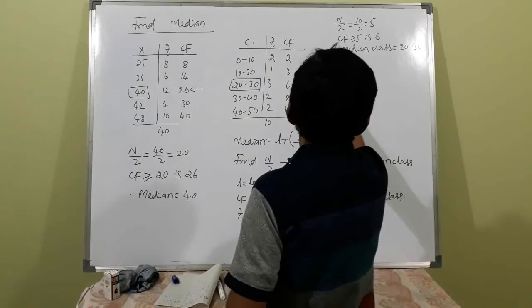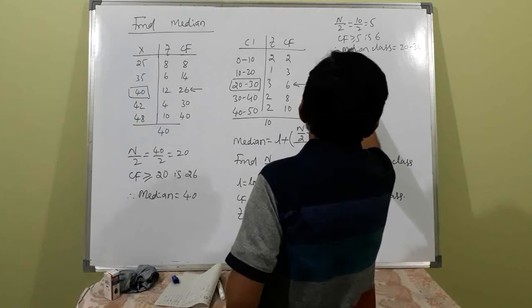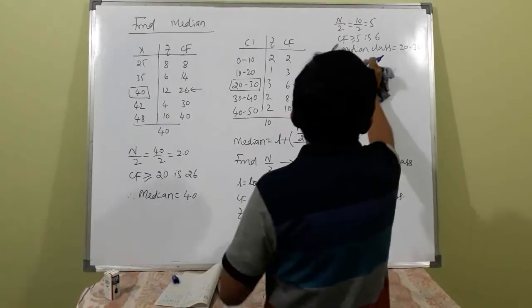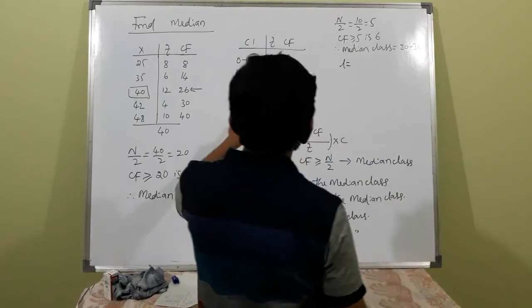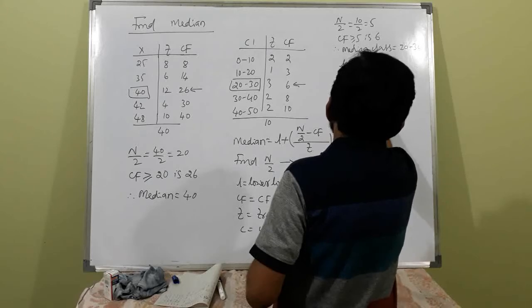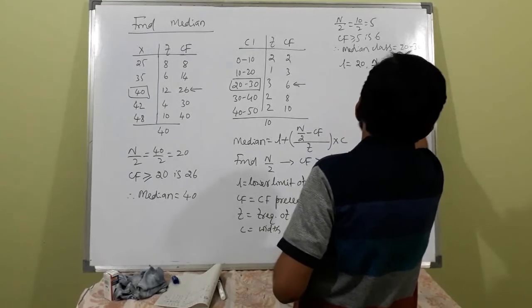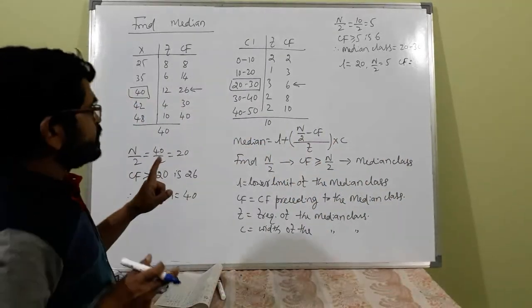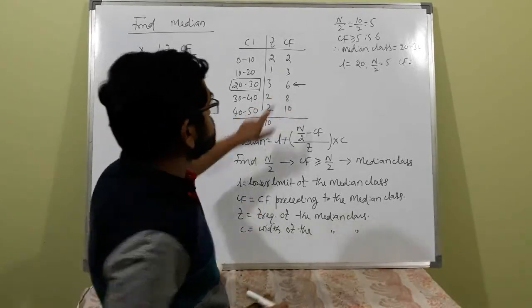Then median is L. L is 20. n by 2 is 5. CF. See, cumulative frequency preceding the median class, not this one.